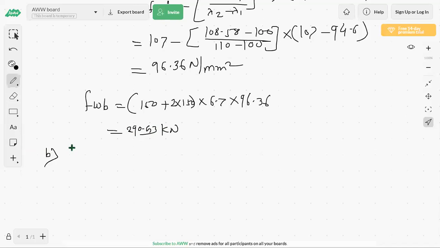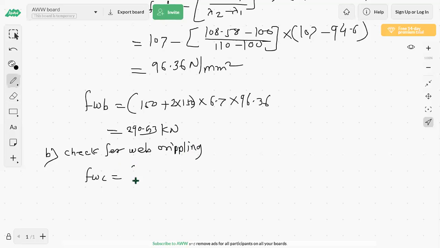that is the check for web crippling. So FWC is again B1 plus 2N1 into TW into Fy divided by gamma m naught.